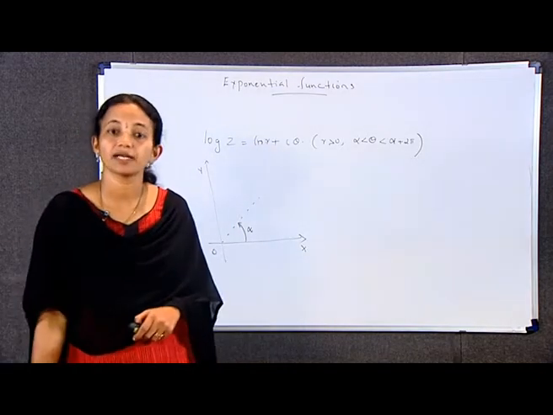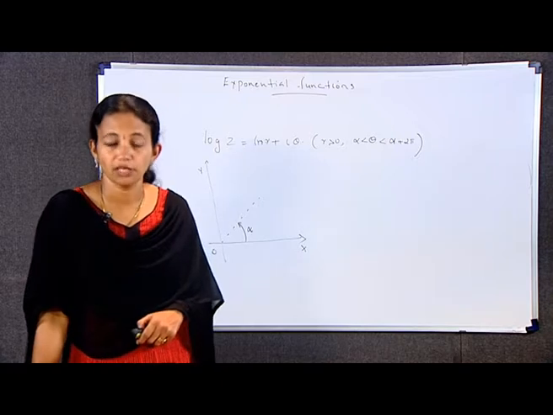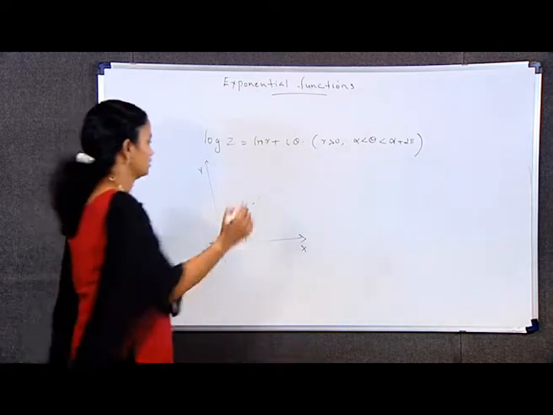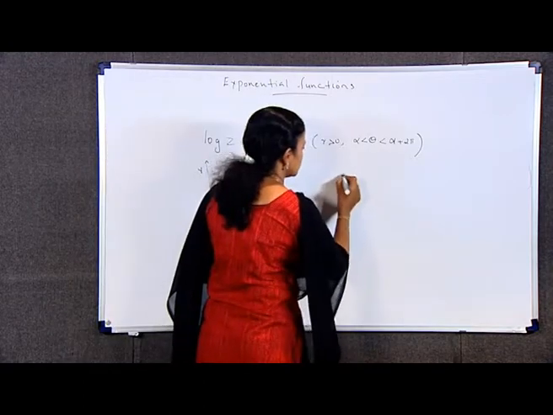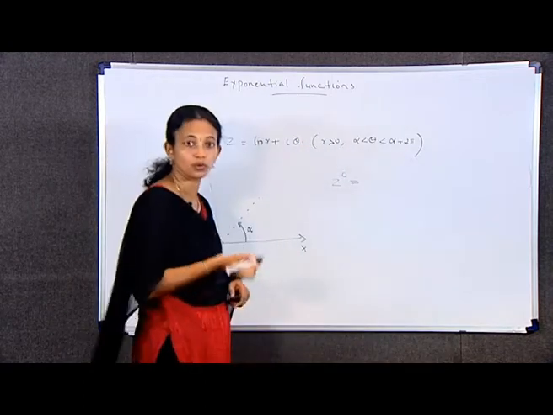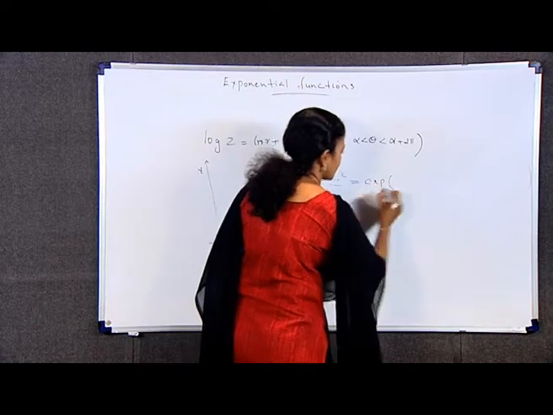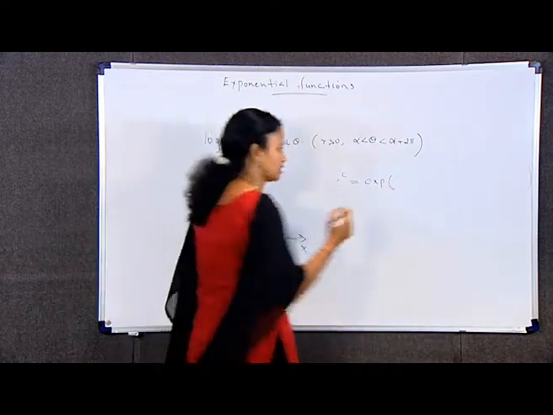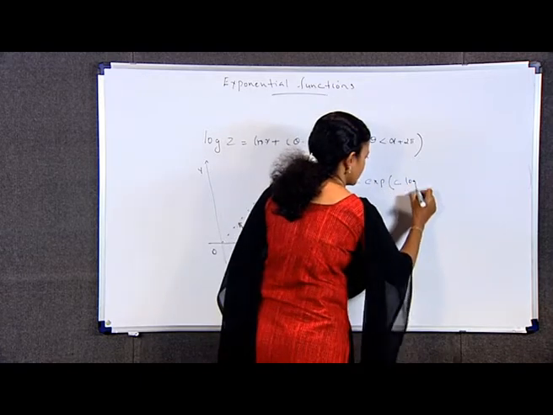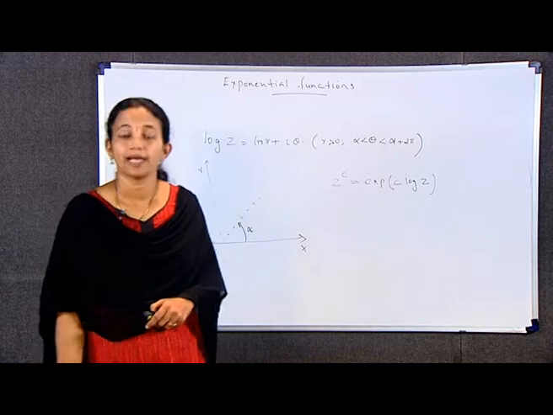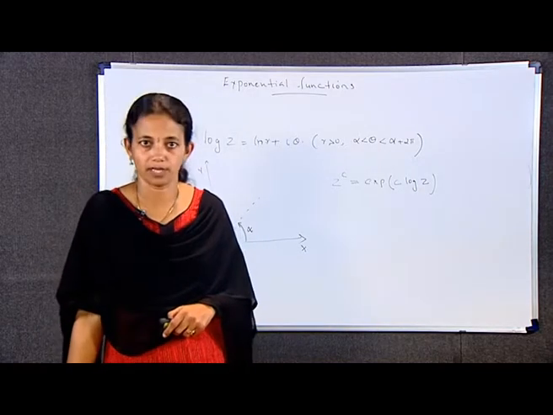When that branch of log z is used, it follows that the function z raised to c, which is equal to exp of c log z, is single valued and analytic in the same domain.